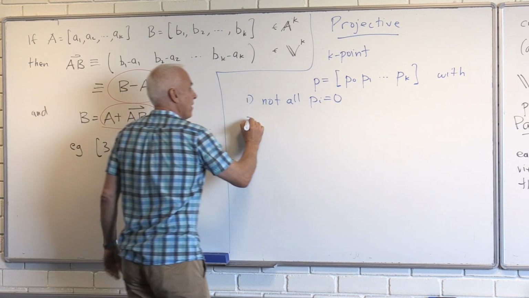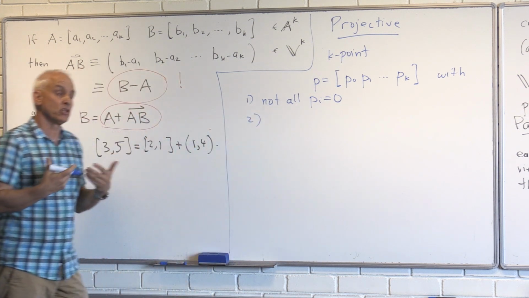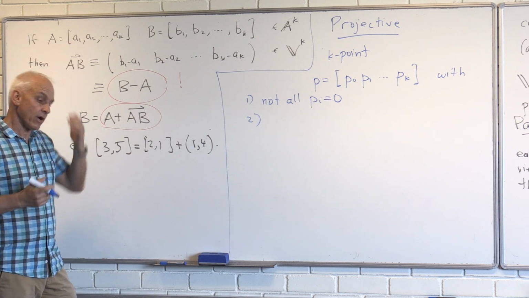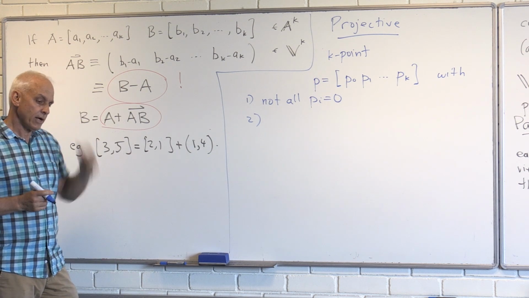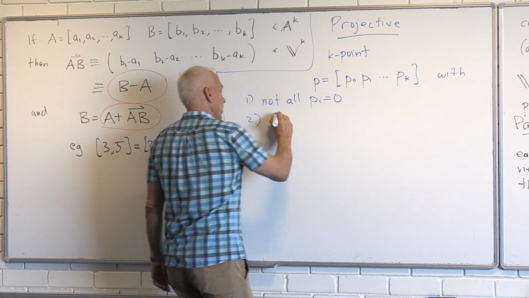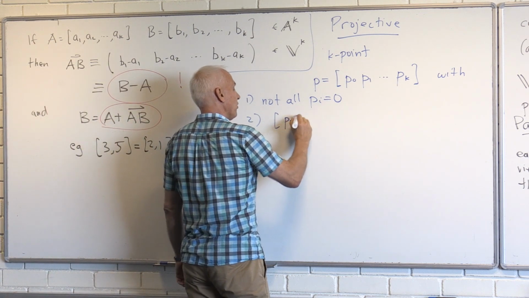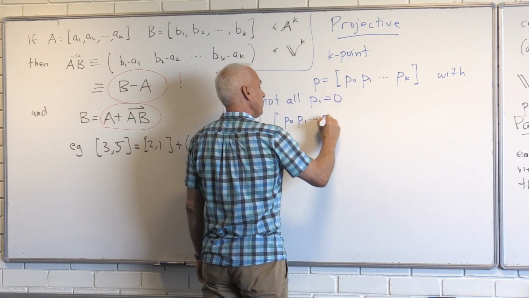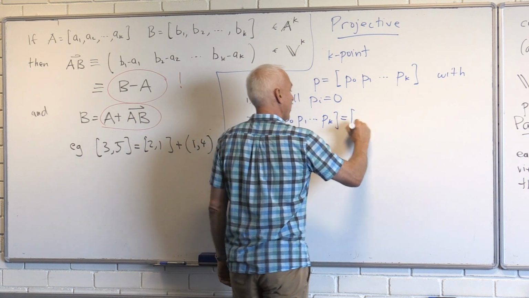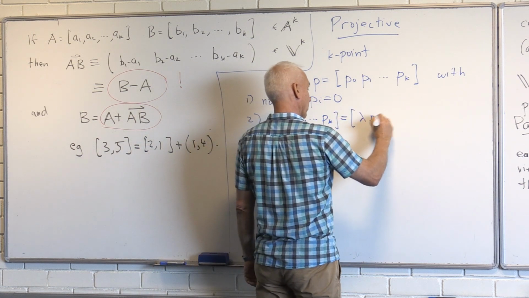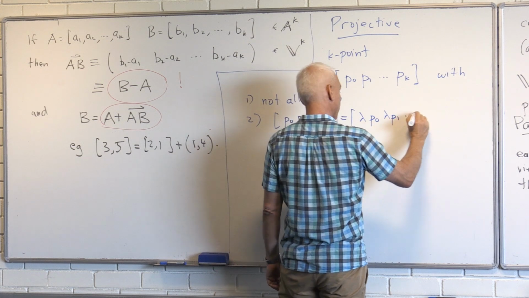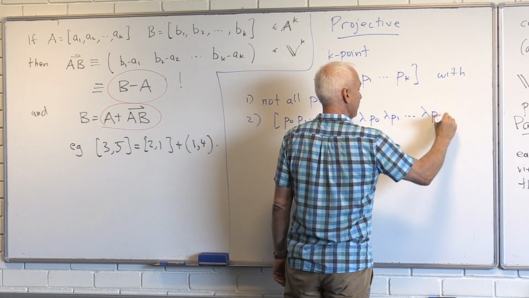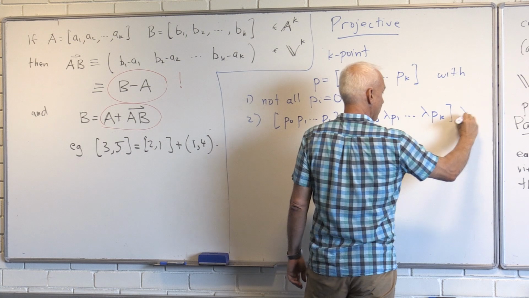And secondly, we adopt the convention of equality that things are unchanged if we apply a scalar multiplication. So we assume that [P0, P1, up to Pk] equals [lambda P0, lambda P1, up to lambda Pk] for any lambda not equal to 0.